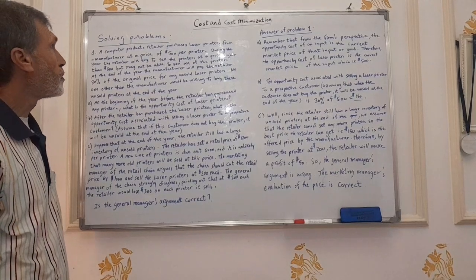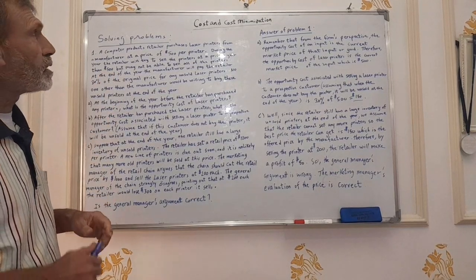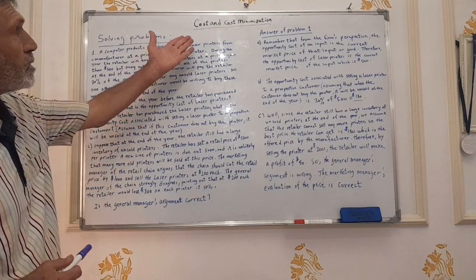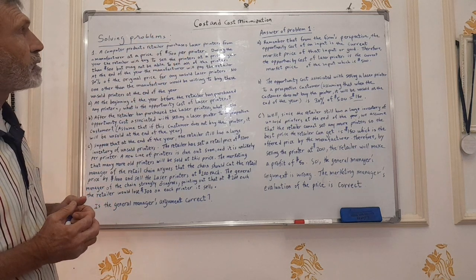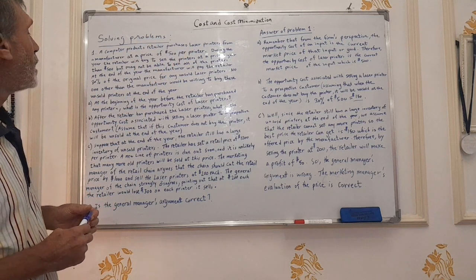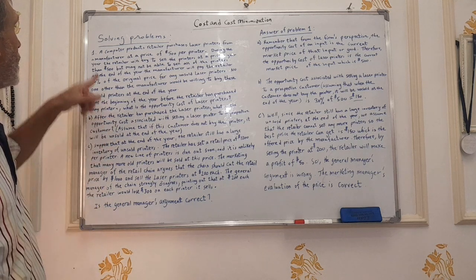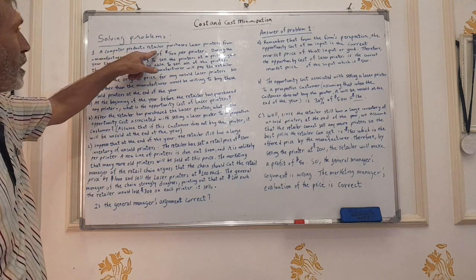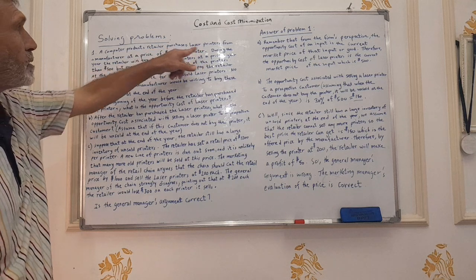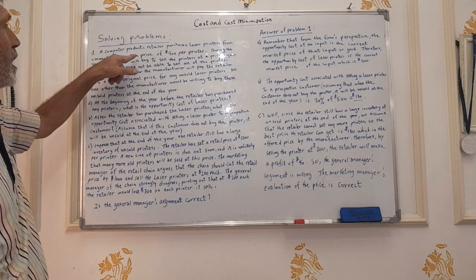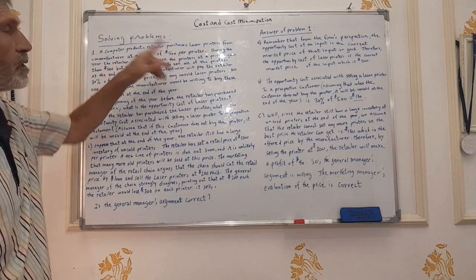Okay, now, of course, we move to solving problems regarding this chapter, cost and cost minimization. Let me read the problem over here. A computer products retailer purchases laser printers from a manufacturer at the price of $500 per printer.